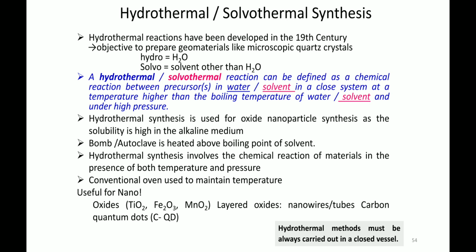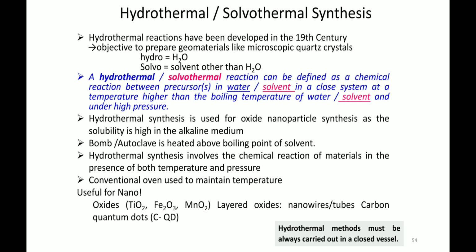Hydrothermal or solvothermal synthesis is a technique where the nanoparticles are formed using a bottom up approach. Let us try to understand what is hydrothermal or solvothermal synthesis. As far as the names are concerned, the basic principle of synthesis of nanoparticles in the hydrothermal and solvothermal method remains the same.